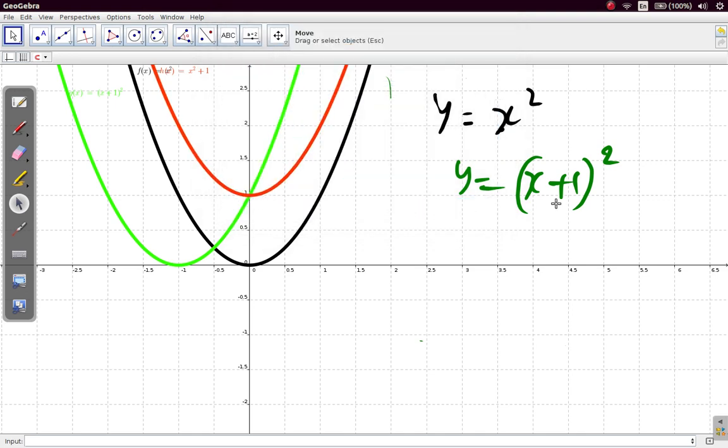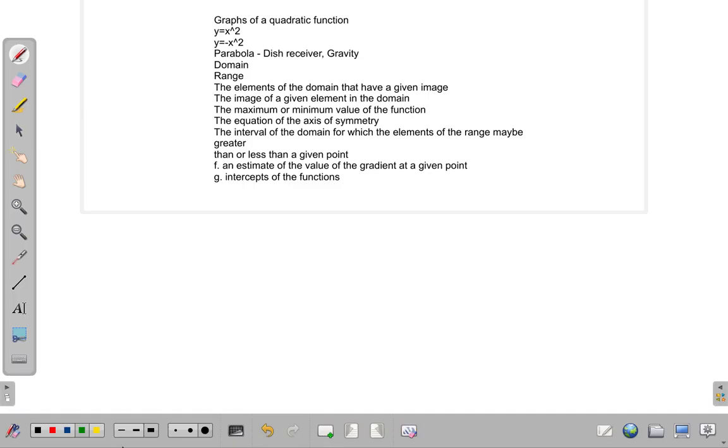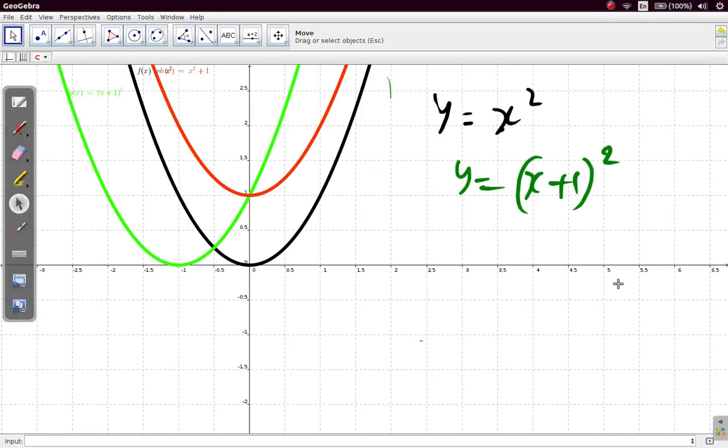Let me change my ink to the color red and write y equals x squared plus 1. So y equals x squared plus 1 is the red graph.